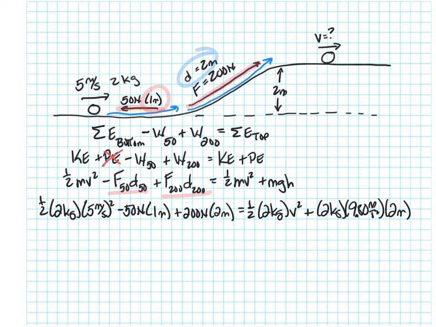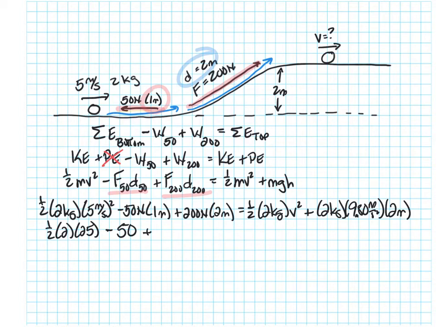Awesome. Okay, next, it's easier for me if I just get rid of some of the units here. So I'm going to rewrite this without the units this time. That's going to be 1/2 times 2 times 5 meters per second squared. Well, I know that's 25, so I'll write that out. Minus, I'll do a little bit of math along the way, 50 newtons times 1 meter, that's 50. I'm not doing too much math because I just want to keep it simple here.